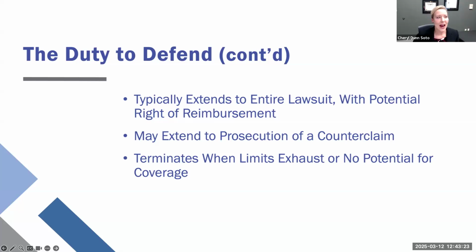And so had the case concluded through litigation, had we not come to a resolution with the insurance company easily, it could have brought a reimbursement action and could have received back all the amounts that it paid solely to defend against this preliminary injunction. But that's very rare.